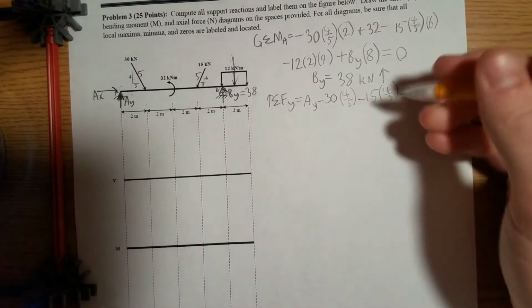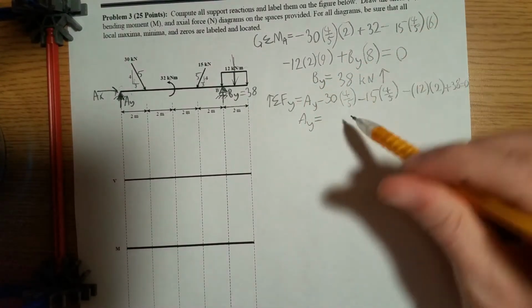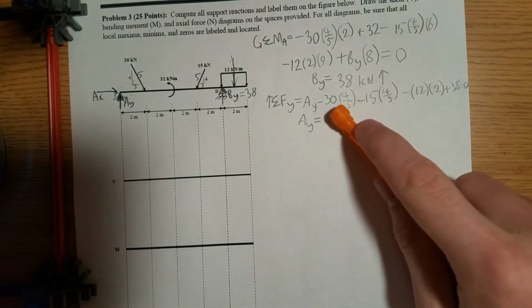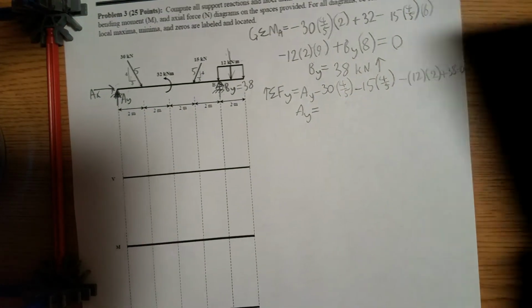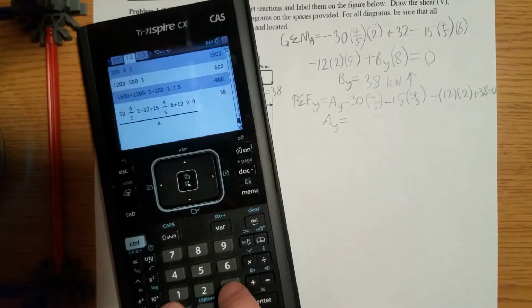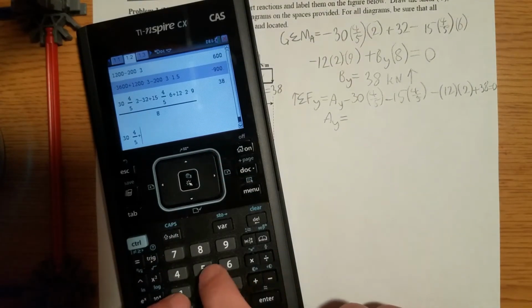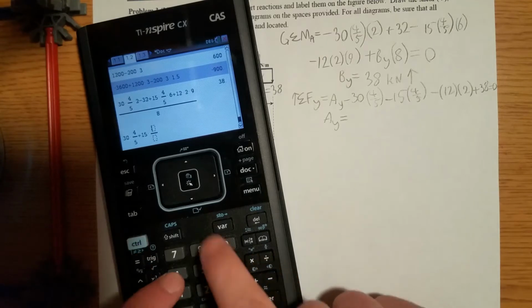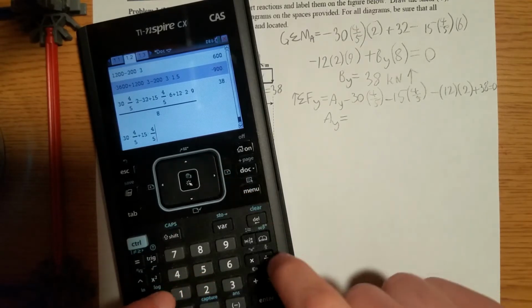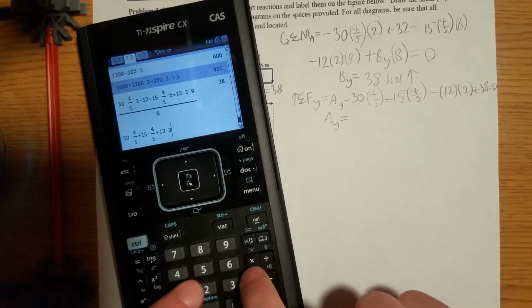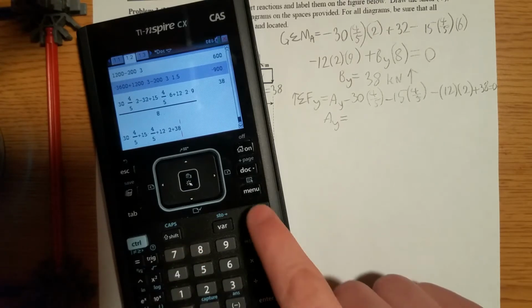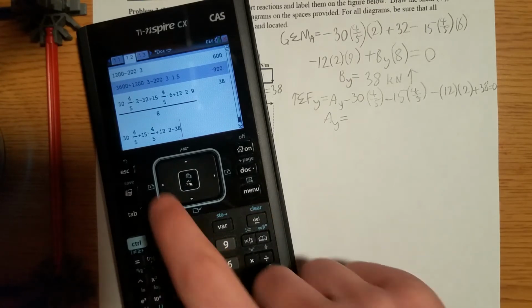So AY is going to end up being, if we put these all on the other side of the equation, 30 times 4/5 plus 15 times 4/5 plus 12 times 2 plus 38. Oops, my bad. Minus 38.